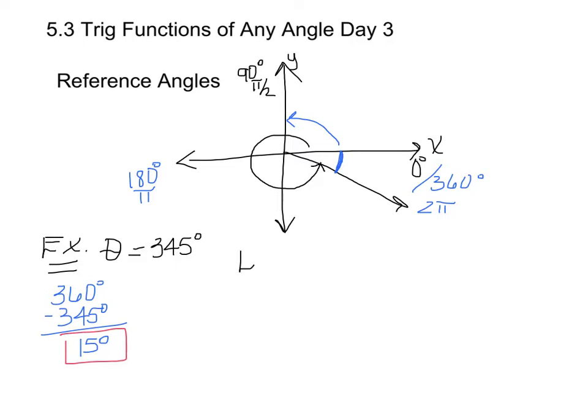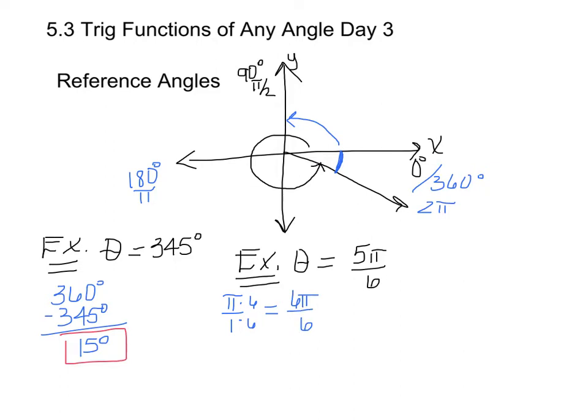Now let's say they gave it to us in radians. Let's say theta was 5 pi over 6. So you have to figure out, is 5 pi over 6 closer to 1 pi or 2 pi? Well, to figure that out, we got to get a common denominator. If we use 1 pi, or pi over 1, we will have to multiply by 6. So that would be 6 pi over 6.